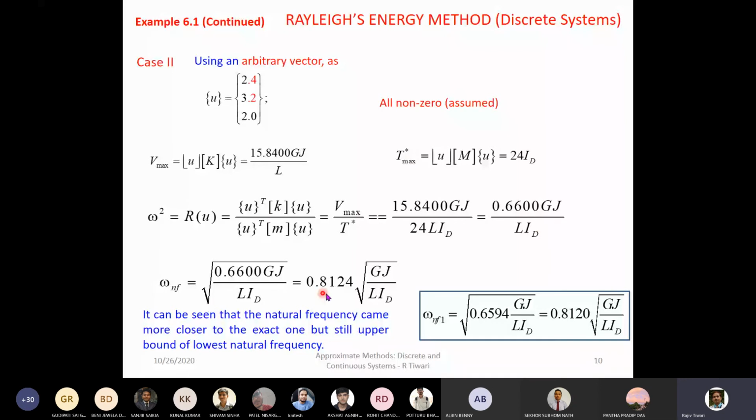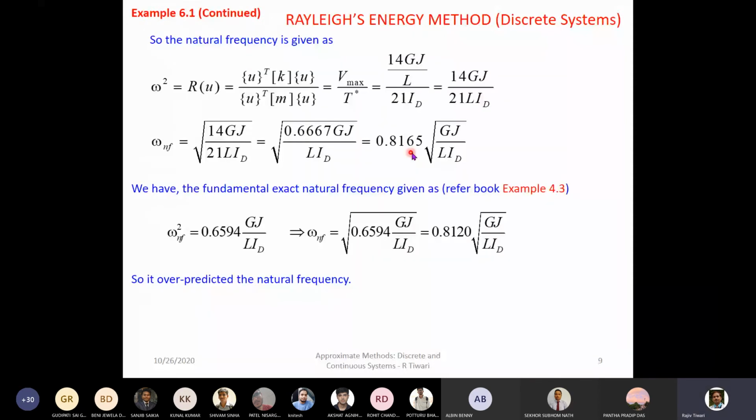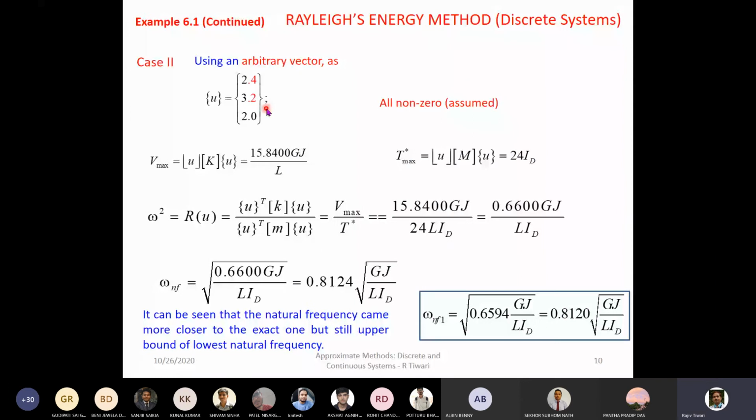The exact value is 0.820, so it is now further closer to the actual value. Previous was 0.865, so the difference was more. Now we got much closer to the actual value, but it is still higher than this, which is the condition of the Rayleigh's quotient, that it always overpredicts the fundamental natural frequency.